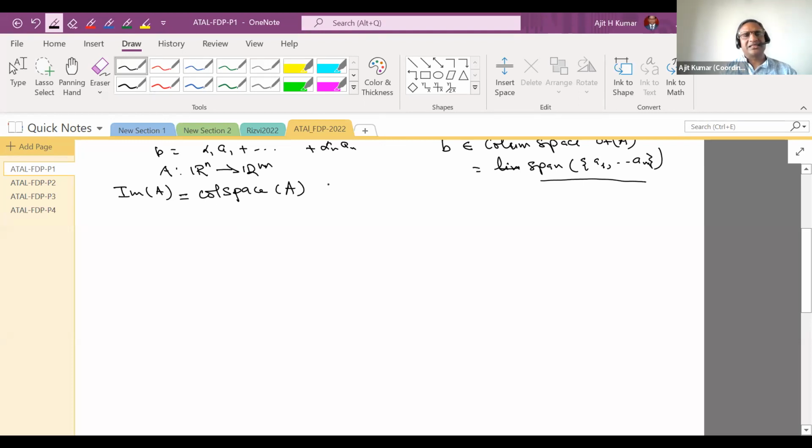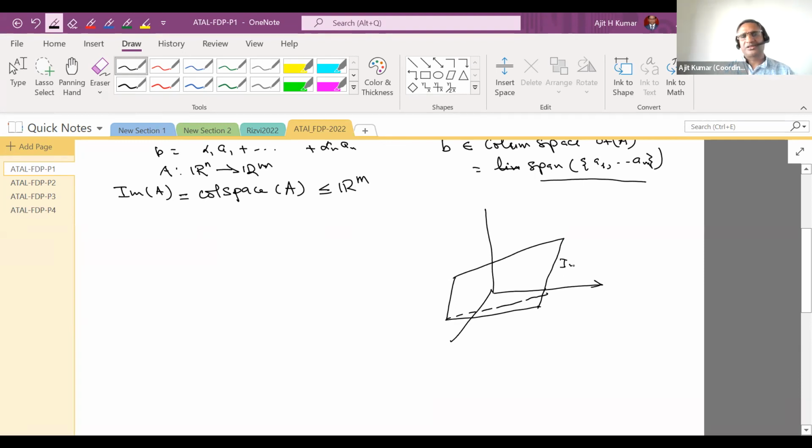Okay, this we know is a subspace of Rm. So let us say this is my Rm, and I have some subspace. Generally, I'm not good at drawings, but you have to just visualize it.